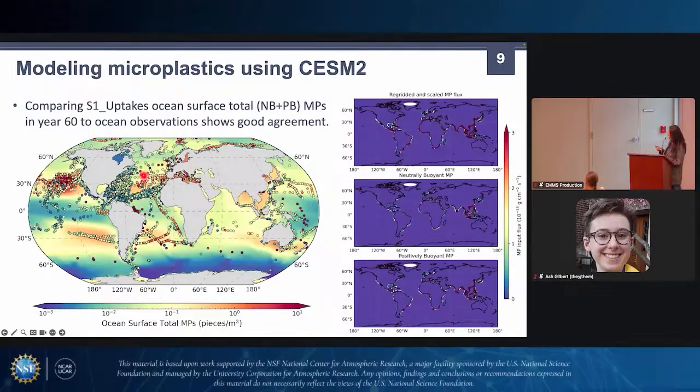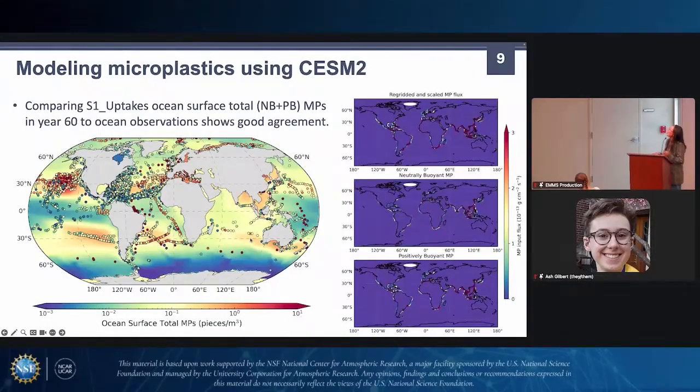And then we wonder how ocean microplastics change globally by having microplastics in the sea ice. And here I'm showing the difference maps between the cases with and without uptake factors. The top panel is showing the top layer difference maps, and the bottom is showing the vertical integral of microplastics for neutrally buoyant and positively buoyant microplastics.